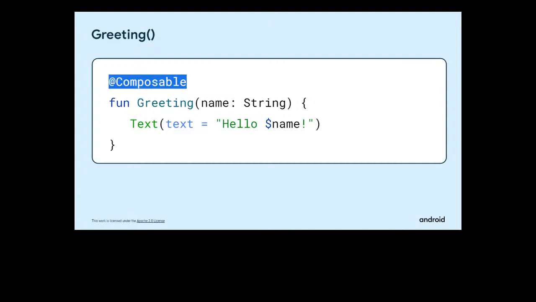Here we are writing @Composable because you need to tell the compiler that this following function needs to be treated as a part of Jetpack Compose only. Going ahead, you of course need to remember the most fun part of Kotlin, that is fun, the keyword for function, followed by the name of the function, which will essentially give you a hint towards what this function does.